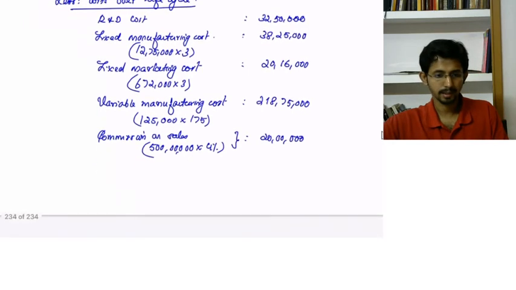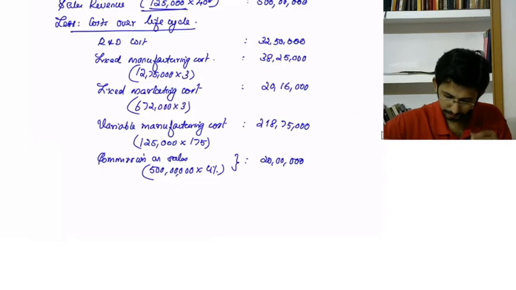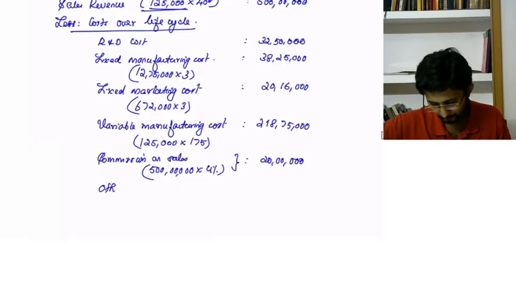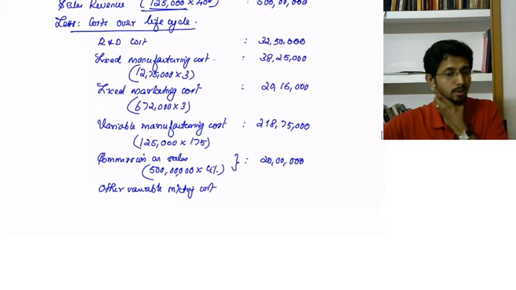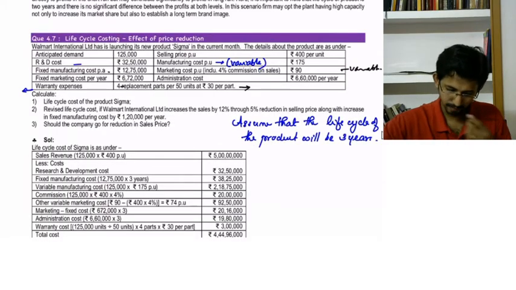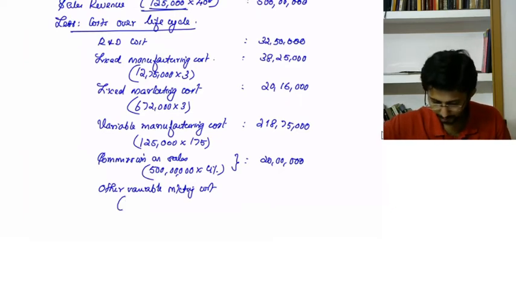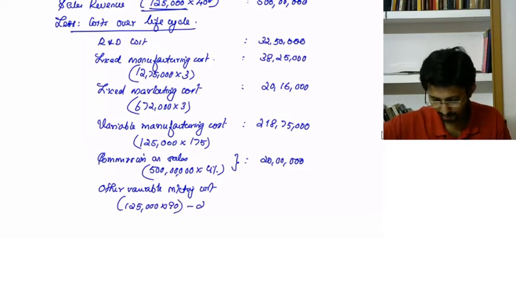Then you have other variable marketing cost. Other variable marketing cost means total cost is 90, so that should be 1,25,000 into 90 minus this 20 lakh.